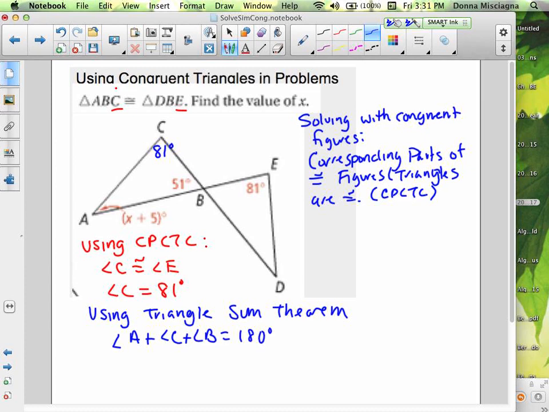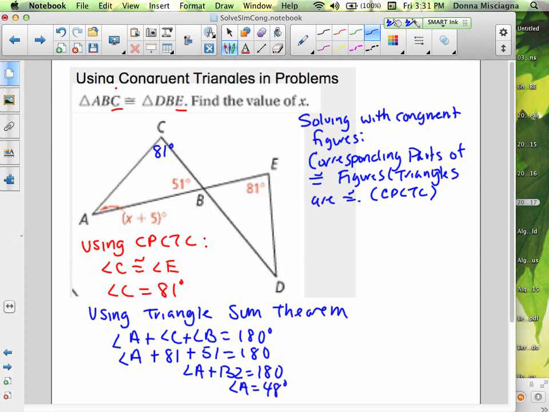We're looking for angle A. We know that angle C is 81 degrees. We know that angle B is 51 degrees. If we add those together, angle A plus 132 is equal to 180. Subtract 132 from both sides, and angle A is equal to 48 degrees.